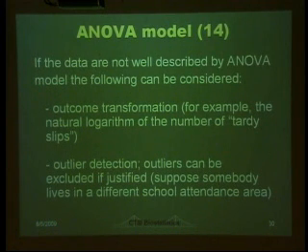So what can be done if there are some violations of those assumptions for the ANOVA model? Not much can be done actually, and one possibility is to perform a so-called outcome transformation. For example, in our data we had 0, 1, 2 and so on number of tardy sleeps, right?